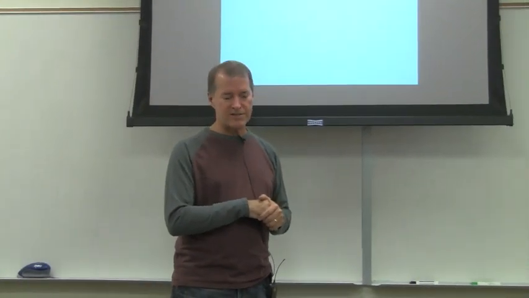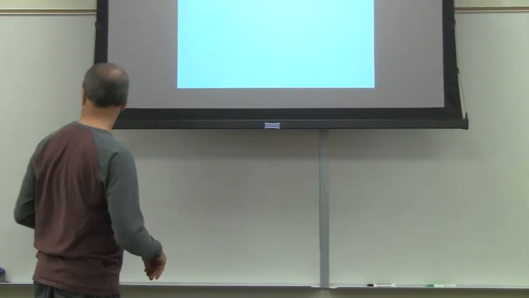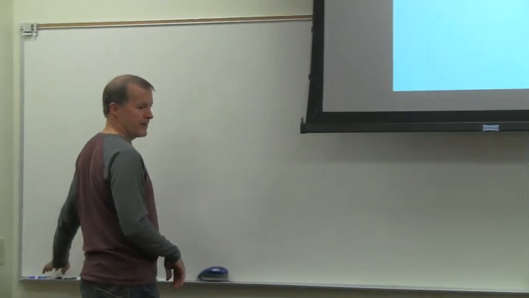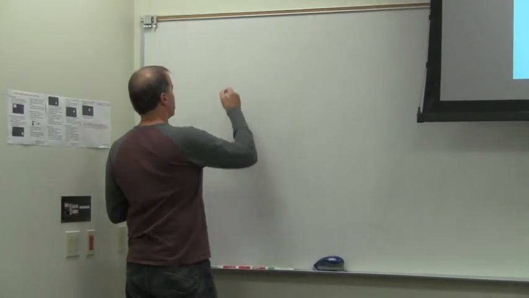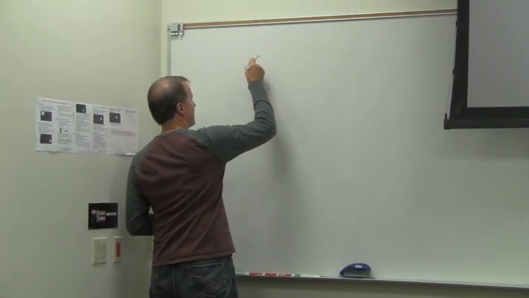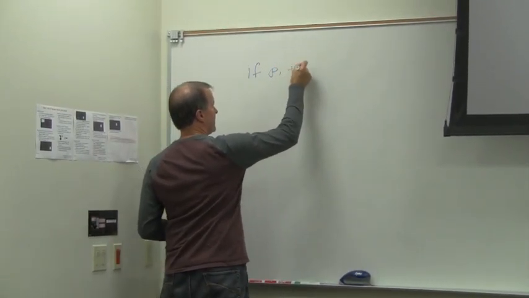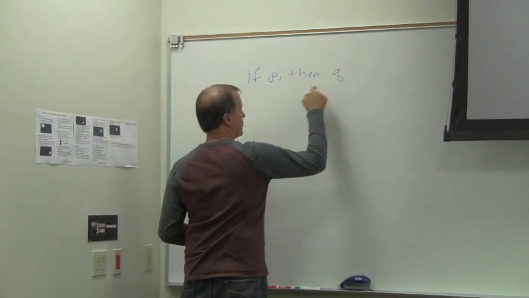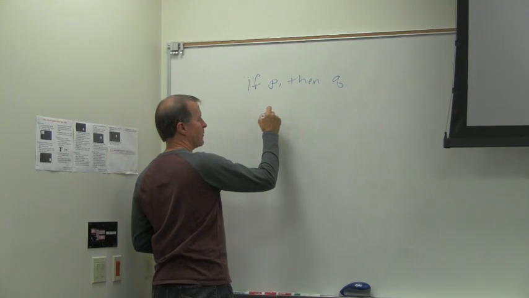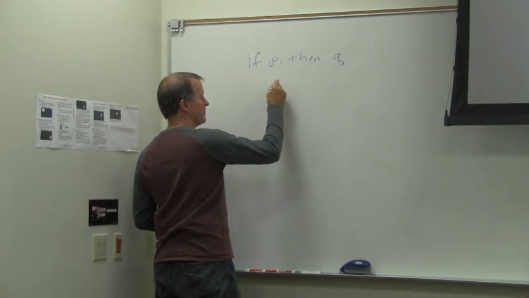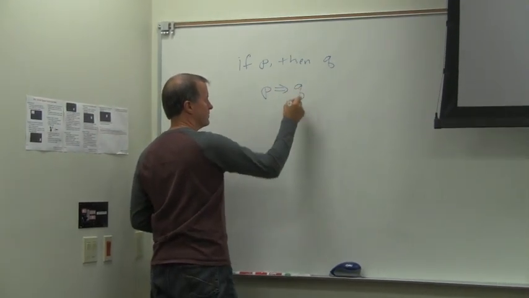The first phrase is the following: P, comma, if Q. Now remember, we said if P then Q is translated how? P implies Q, right?